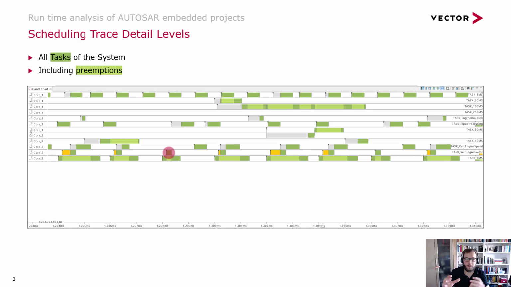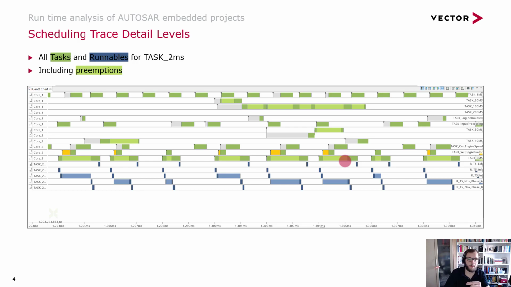Now, as a next level of detail, you might not only be interested in the general task run times, but you might also want to see, for the task 2 milliseconds, which runnable was running at this point in time and which runnable was preempted. If you use not only the OS hooks that are used for the tasks, but additionally instrument the VFB hooks in the DaVinci configurator, you will be able to get a picture that looks like this.